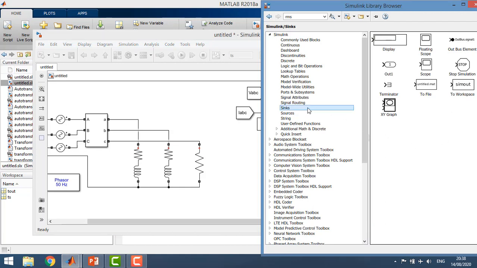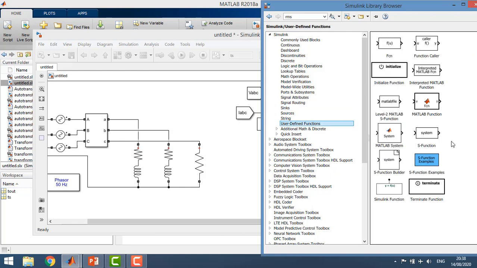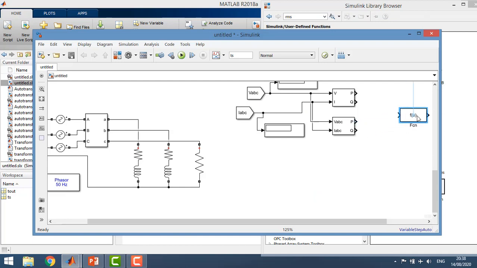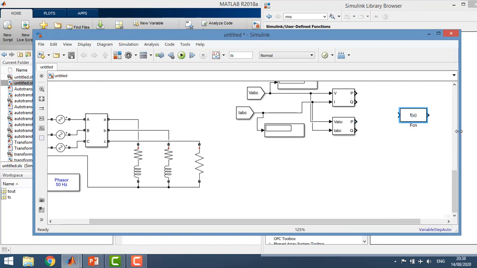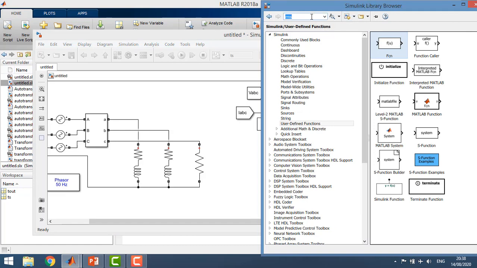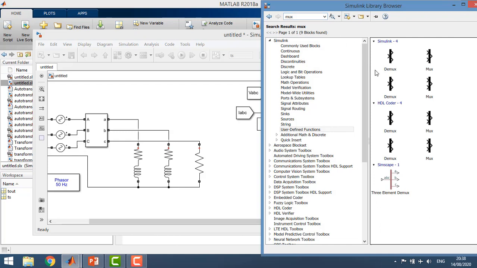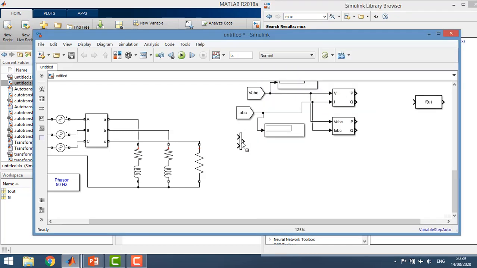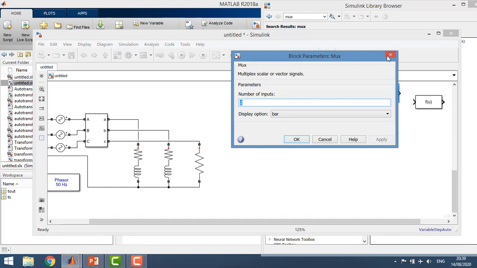We do need a user-defined function, which is this one. I'm going to explain why in a minute, but we also need to have a mixer like this one. Alright.